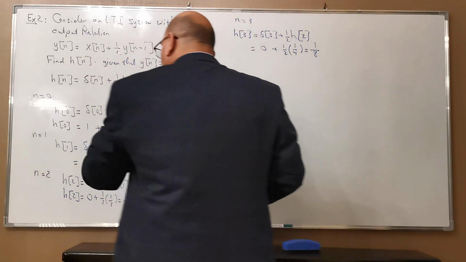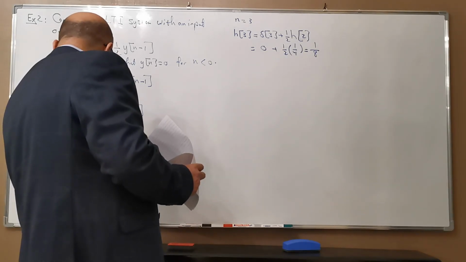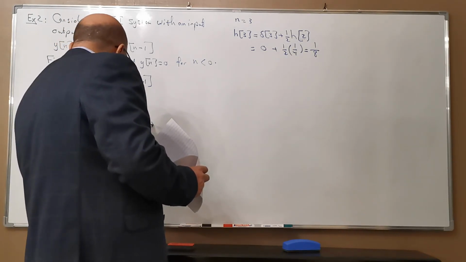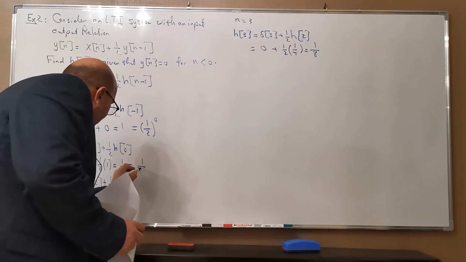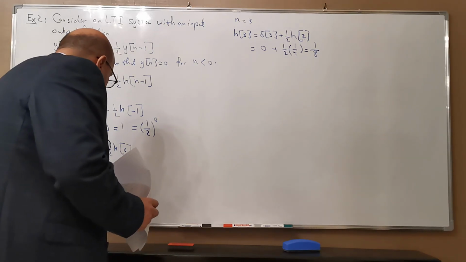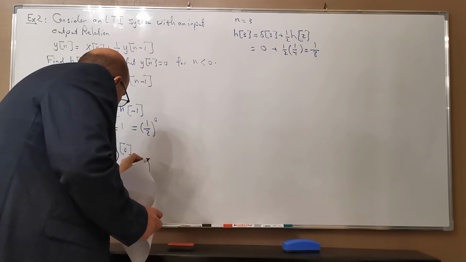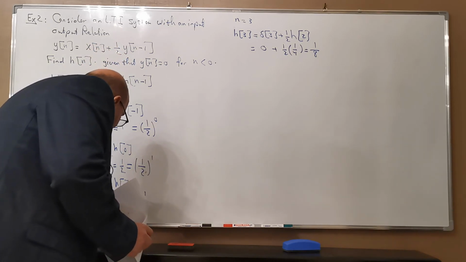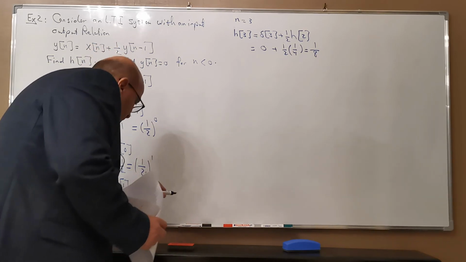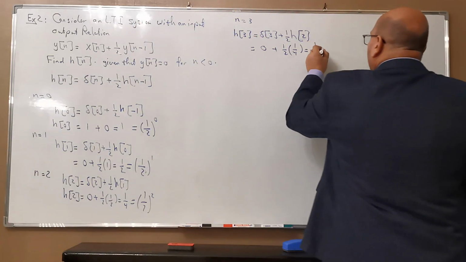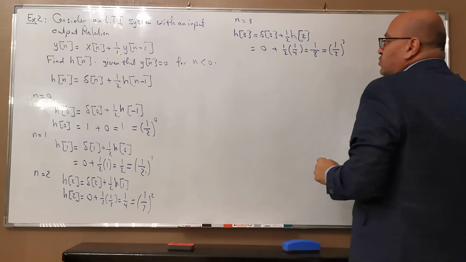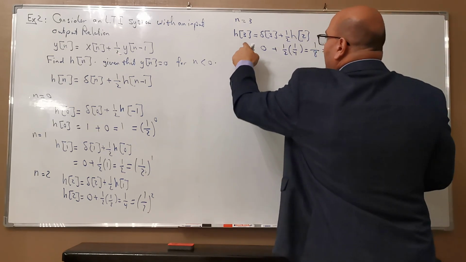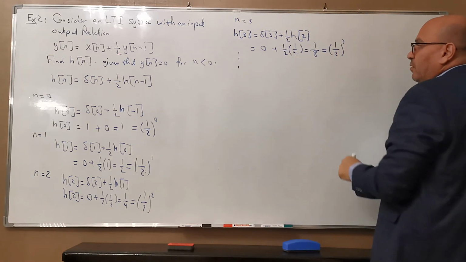Actually, look at those. This is equal to 1/2 to the power 0. This one here is 1/2 to the power 1. And this one here is 1/2 to the power 2. And this one, 1/8, is 1/2 to the power 3. So we can conclude that the index here is the same as the power here.